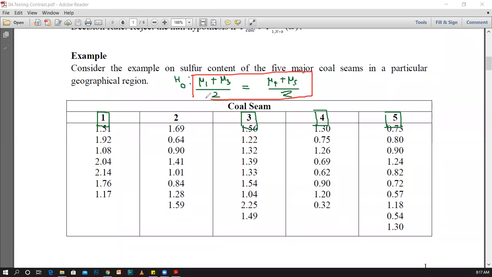If you look above, we have defined the average value of 1 and 3 equals the average value of 4 and 5. Rather than writing the hypothesis in this form, you can have the same factor on both sides. Therefore, we can define this as mu1 plus mu3 equals mu4 plus mu5.